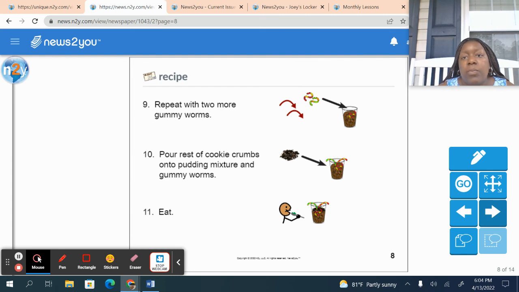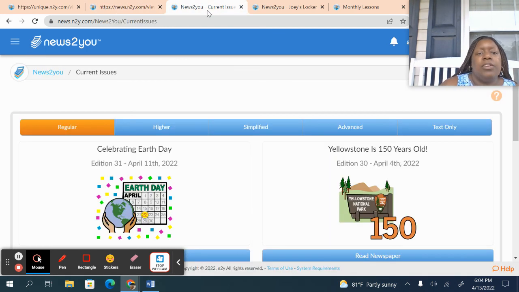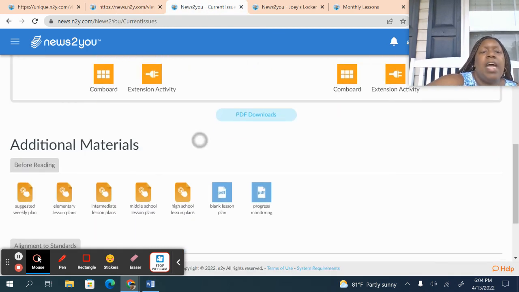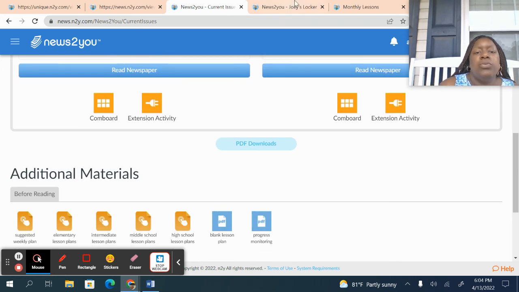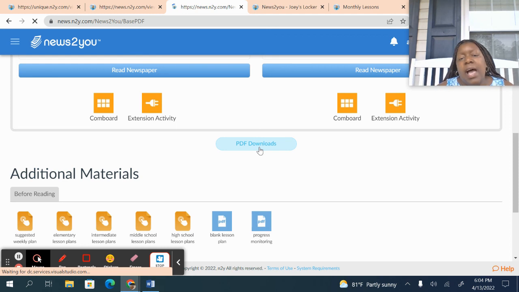Again, this is a great way to utilize a picture supported curriculum that is aligned to the standards. Another thing that you have access to, if you scroll up, they have extension activity. But if you go to the downloads, you can actually download worksheets for the week. And the worksheets have a lot of similarity week to week.